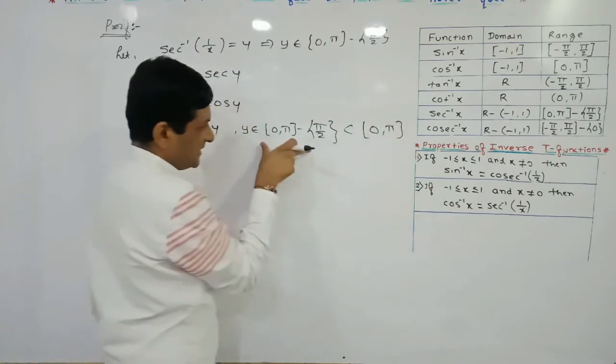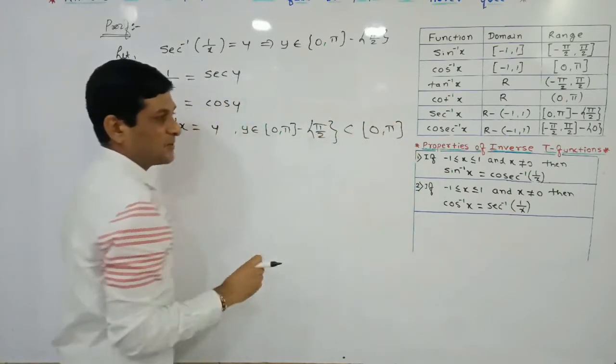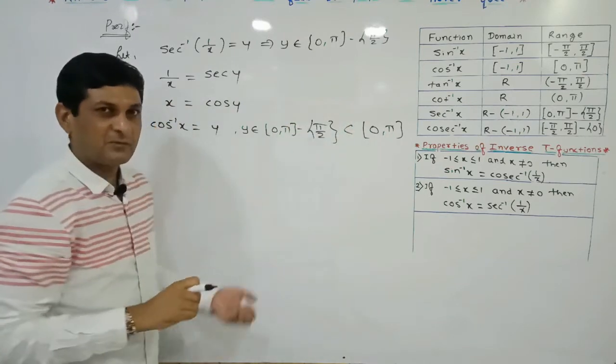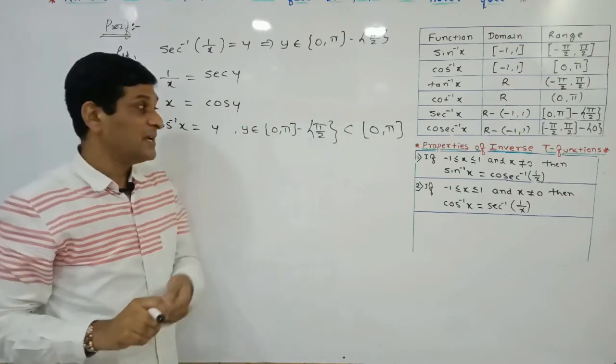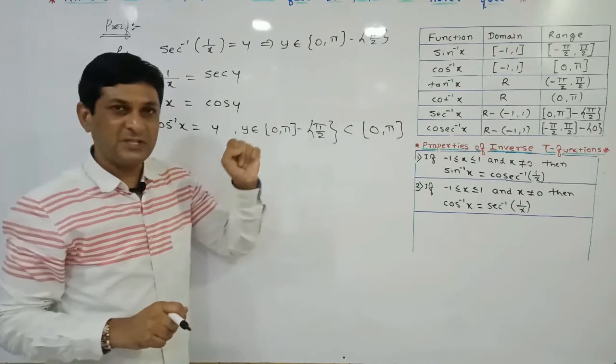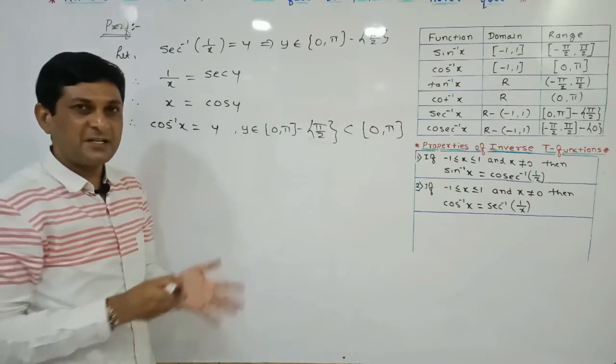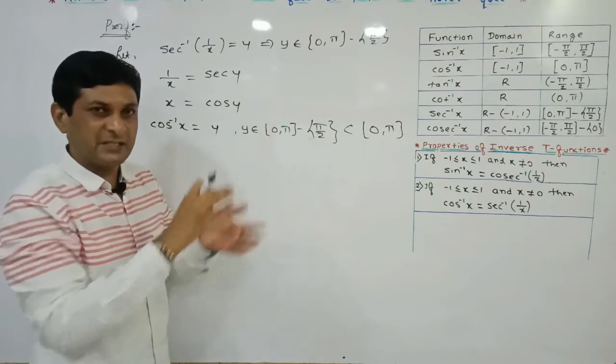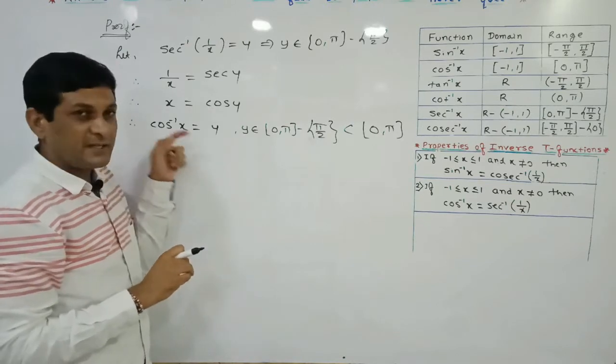This whole set lies in this interval. That's why we can say that the value of y is a principal value, and it lies in the range of cos inverse.